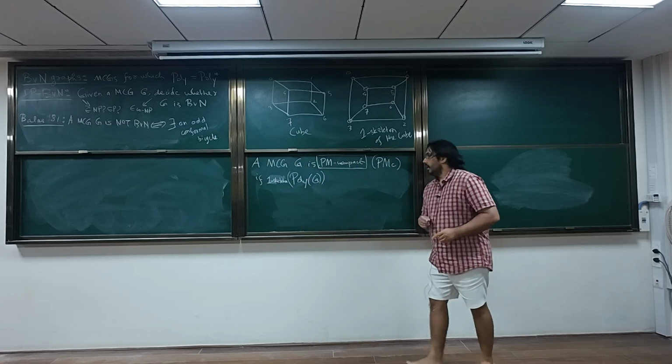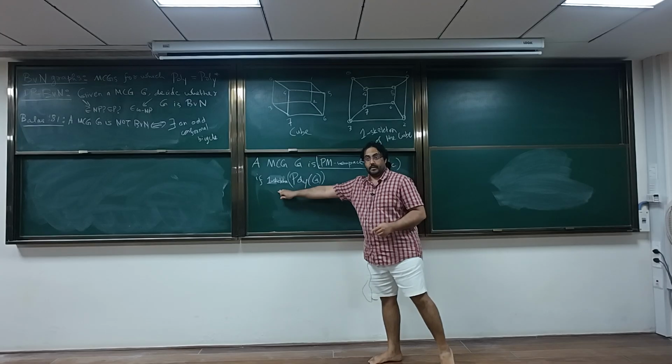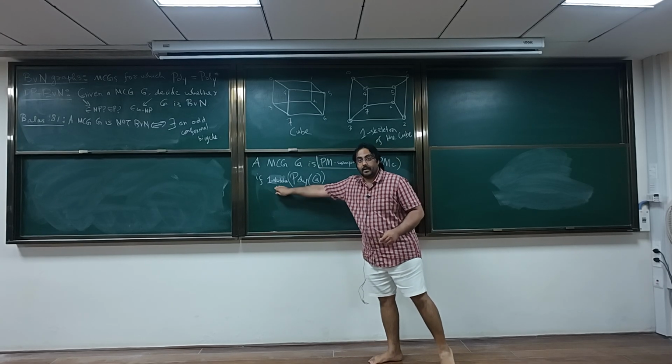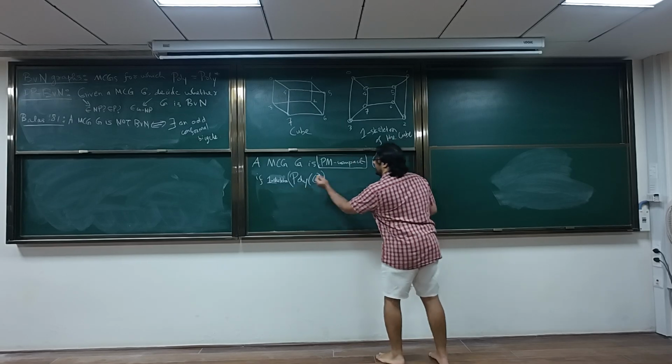This is a graph. You took the perfect matching polytope, then for that polytope you took the one skeleton. This is a graph, and is it a complete graph?